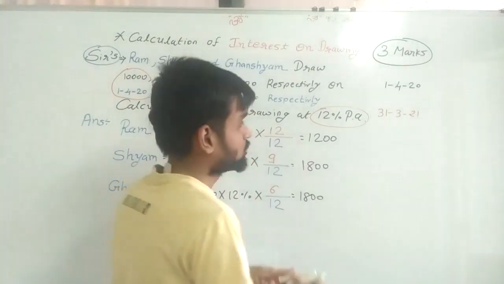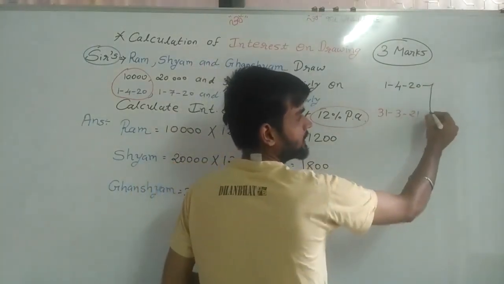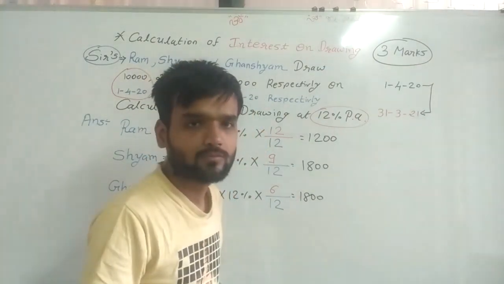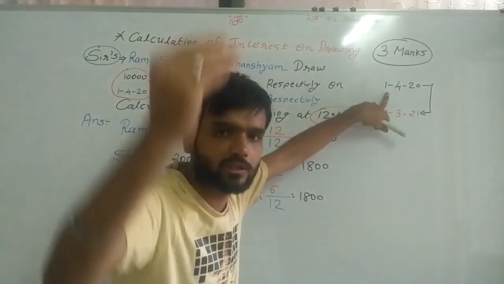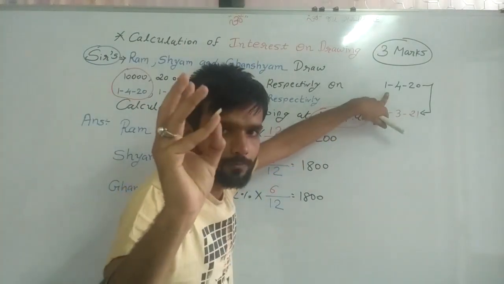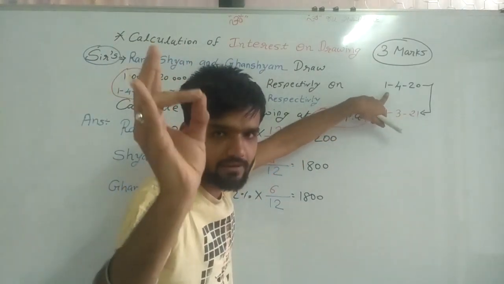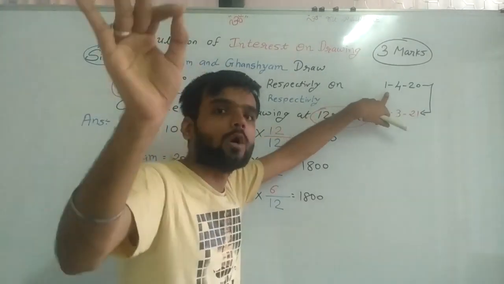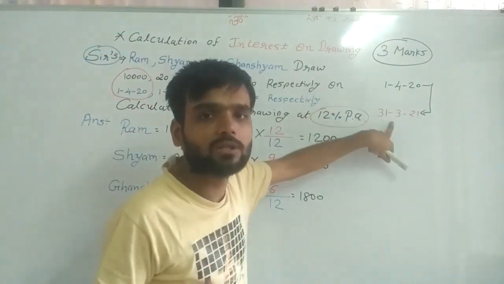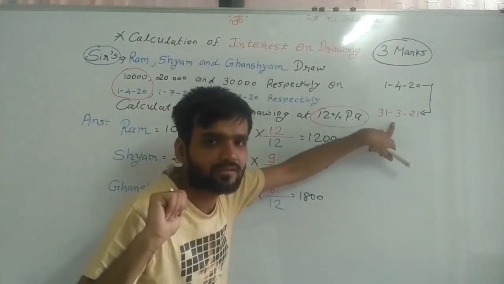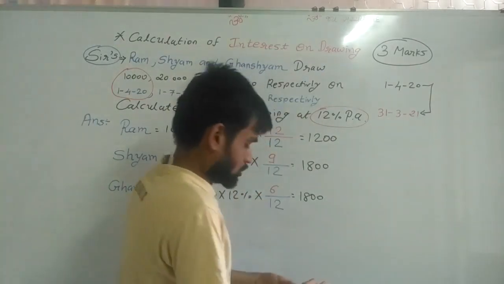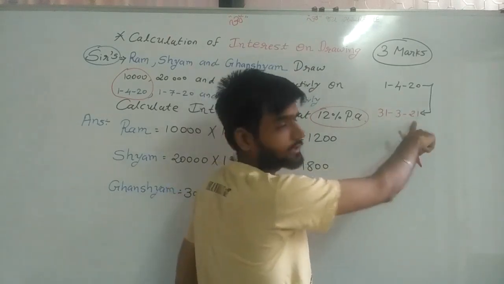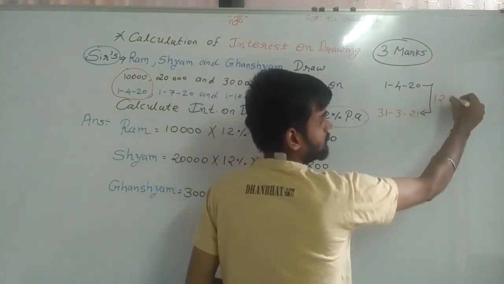From 1/4/20 to 31/3/21, how many months are there? 1/4 means 4 months is whole. So 4, 5, 6, 7, 8, 9, 10, 11, 12, again 1, 2 and 3, up to 31/3. So there are 12 months.